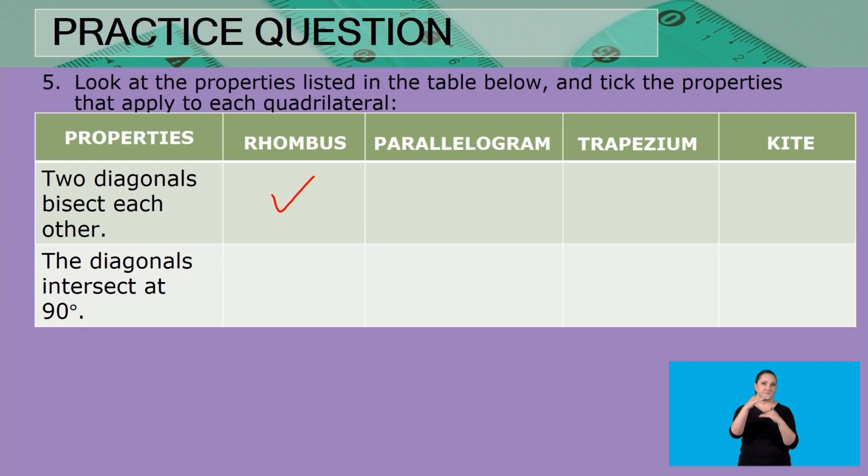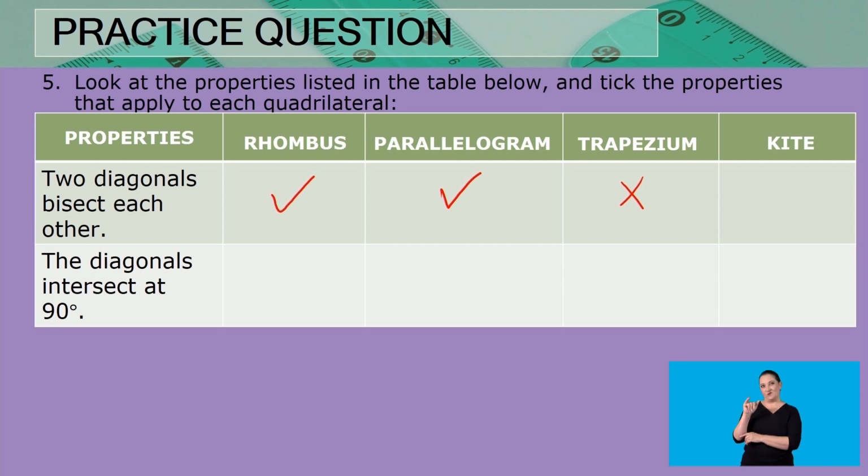What about a parallelogram? Do those diagonals bisect each other? Yes, we can agree that those diagonals bisect each other. What about a trapezium? Do those diagonals bisect each other? No, they do not. And when it comes to a kite, do we have diagonals that bisect each other?